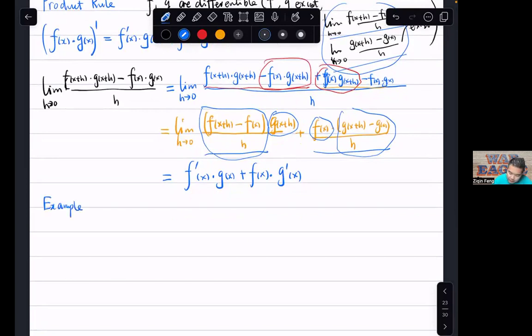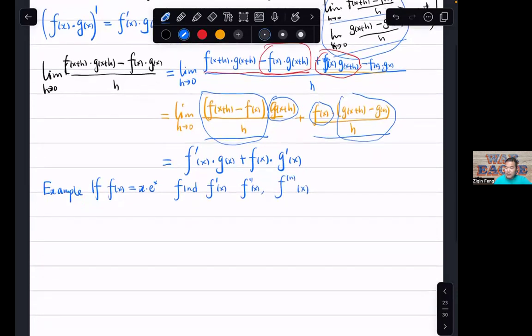Let's see, if f of x is x times e to the x, we want to find f prime of x, f double prime of x, and in general, the nth derivative of f of x. Let's try to do that, right? You can see that this is clearly a product rule. We know that the derivative of e to the x is e to the x.